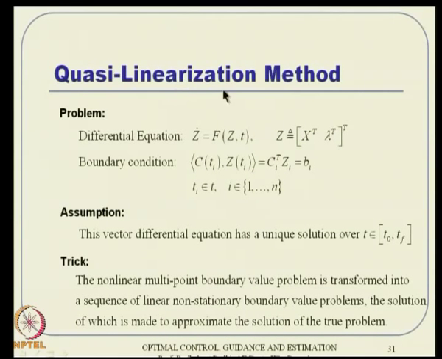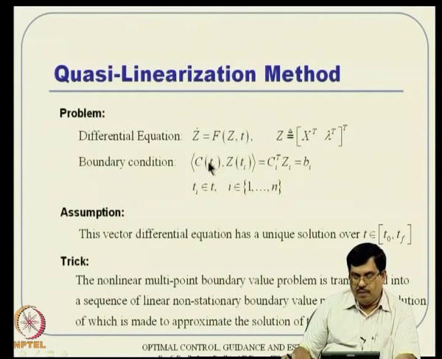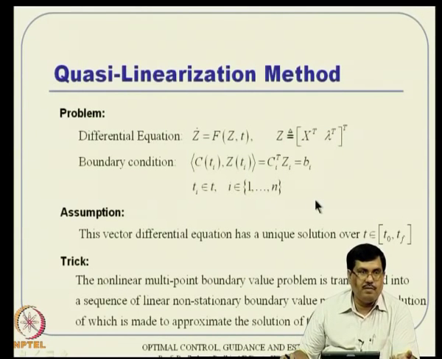Alright. So the differential equation in general we can talk about like this: z dot equal to f of z, t. Now, z is nothing but x and lambda taken together. Boundary conditions include a set of boundary conditions at different points of time. It can be only initial and final time, it can also be something on the way as well. So this kind of condition is also possible.